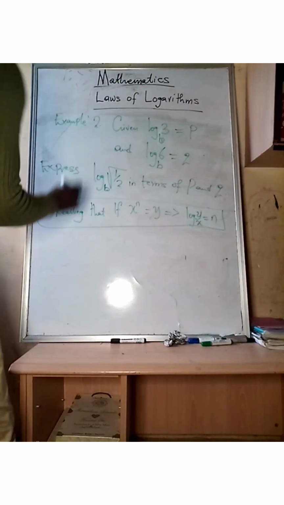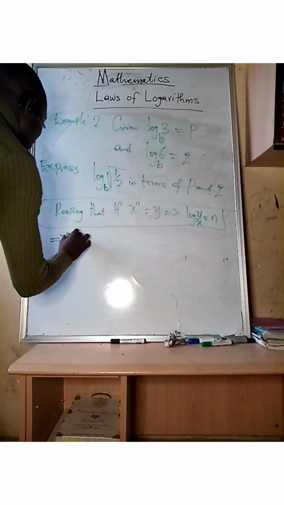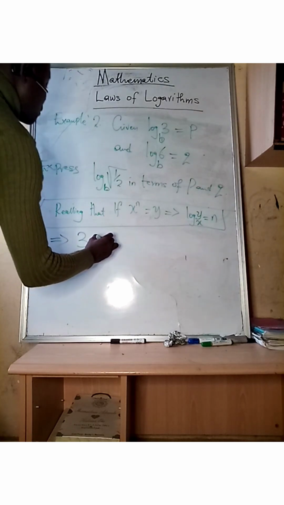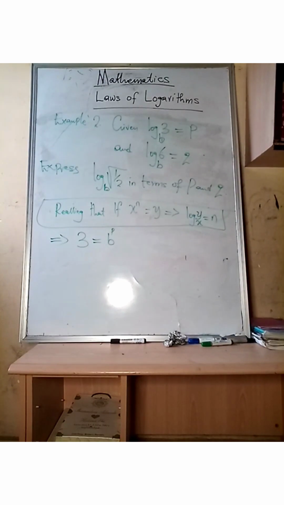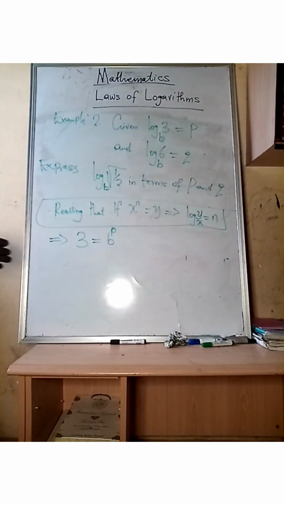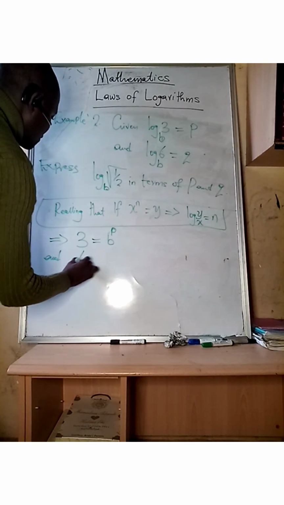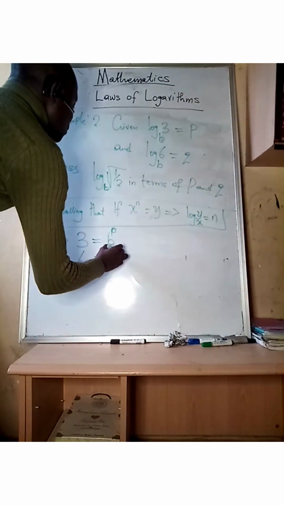So from what we have, it implies that 3 is equal to b to power p, and 6 is equal to b to power q.